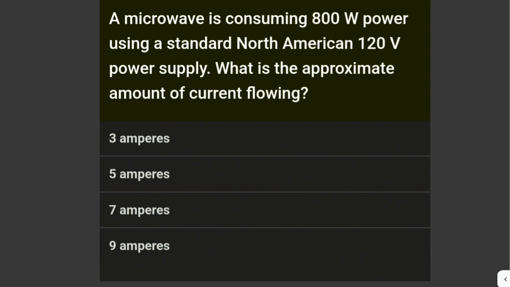A microwave is consuming 800 watt power using a standard North American 120 volts power supply. What is the approximate amount of current flowing?